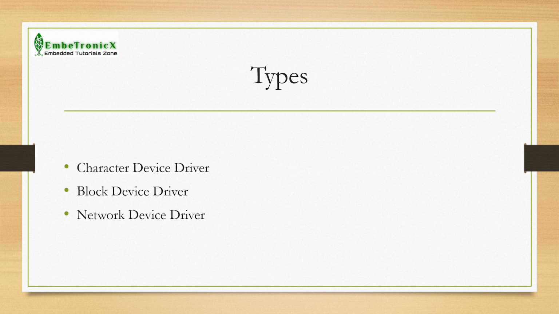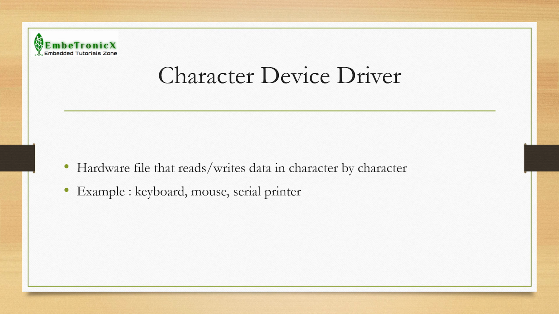In Linux, the device drivers are divided into three types: character device driver, block device driver, and network device driver. Let's see the character device driver first. A character device driver is a hardware driver that writes data in a character by character fashion.